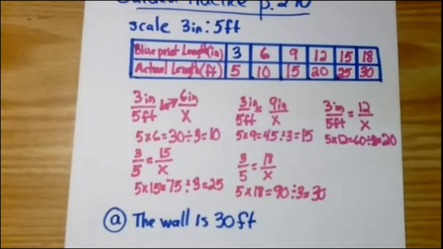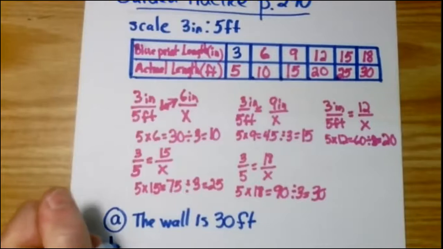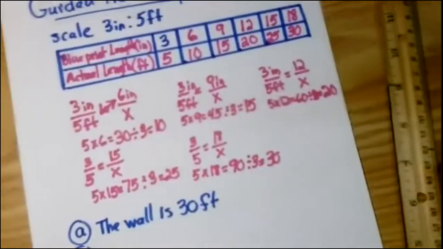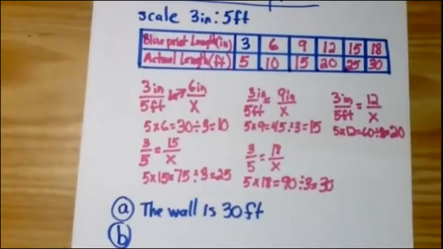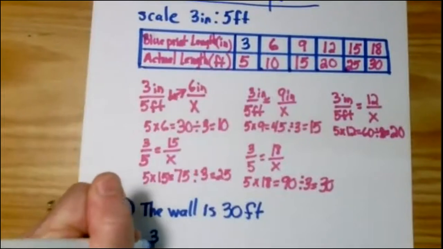right? B says a window in the room has an actual width of 2.5 feet. Find the width of the window in the blueprint. The blueprint meaning the scale, right? So we know that it is 2.5 feet. This is a good one to do because watch what's happening on this one. We're going to set it up as a proportion.